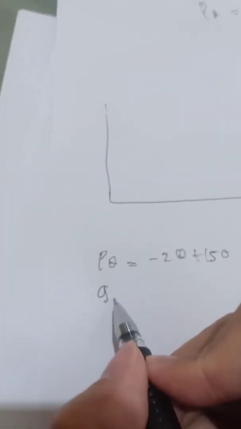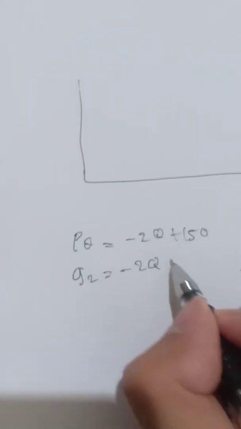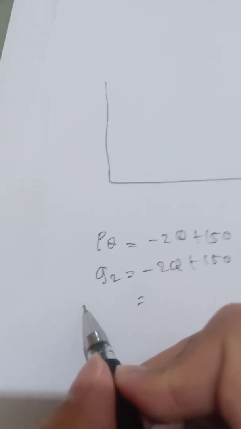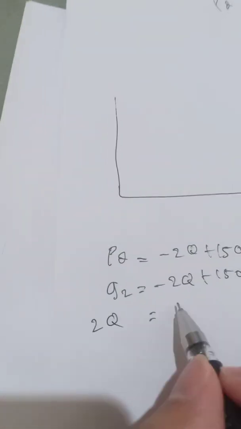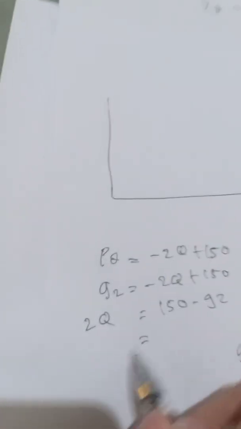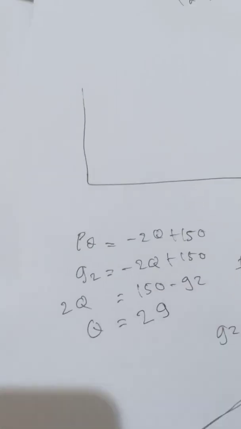As we know the PD is 92, it becomes 92 equals minus 2Q plus 150, so 2Q is 150 minus 92, and Q becomes 29.